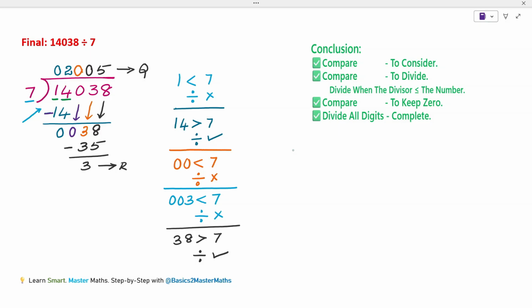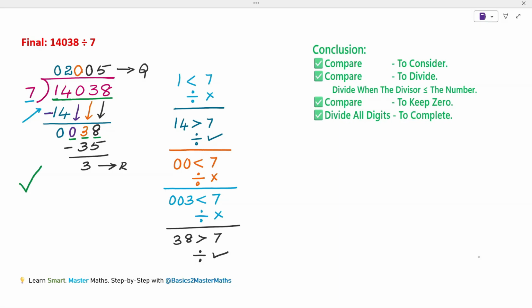In the second step you have divided 0, 3 and 8. So, you have divided all the digits of the given dividend. Hence, you can say this division is completed.